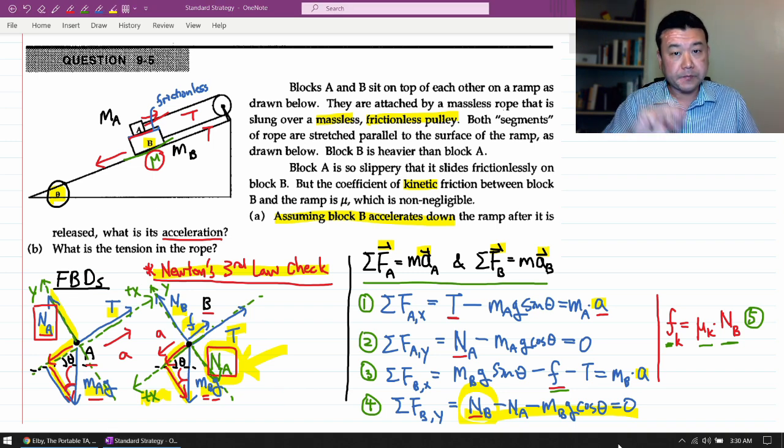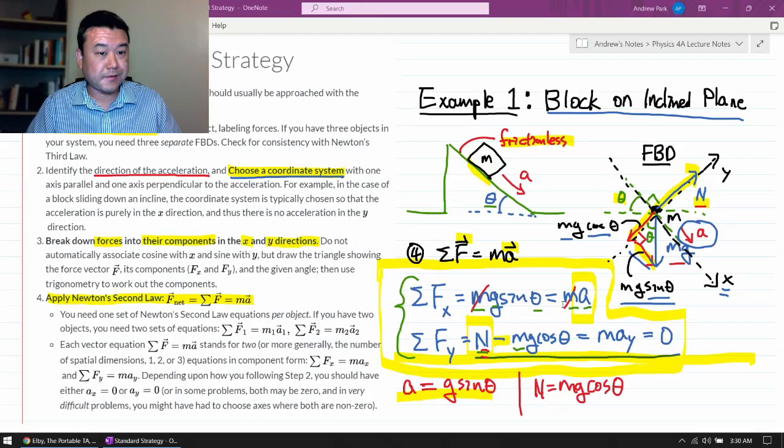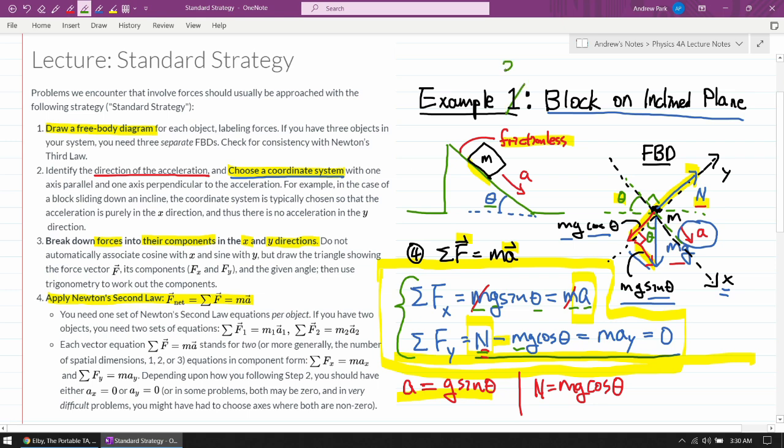For example 3, let me come back to example 1 and make it interesting. So this was our example 1, and this is how I propose to make it interesting. So as example 3, make it a block on a sliding inclined plane. Before, I drew my inclined plane as some immovable thing.